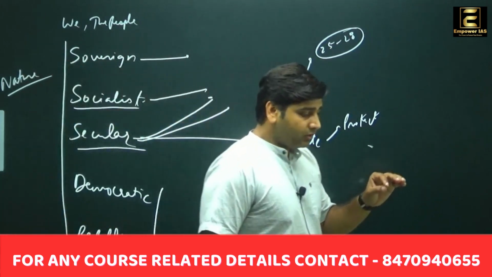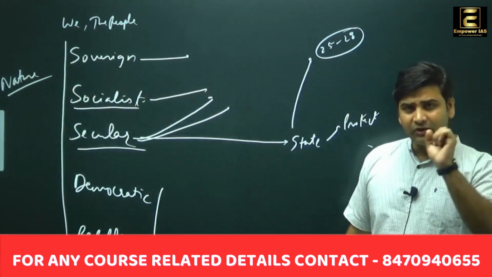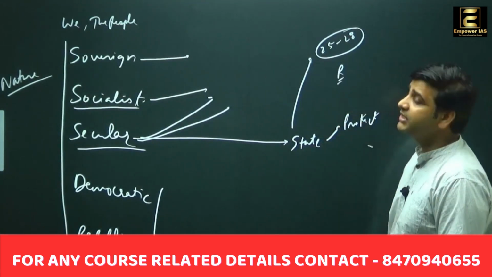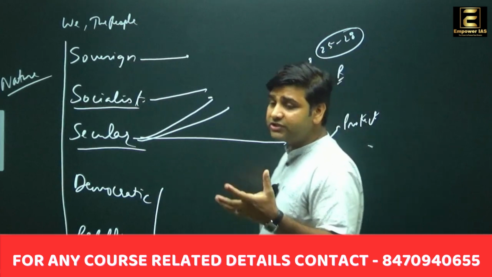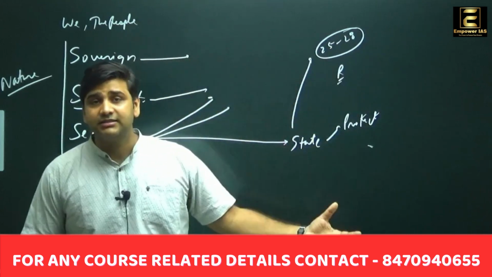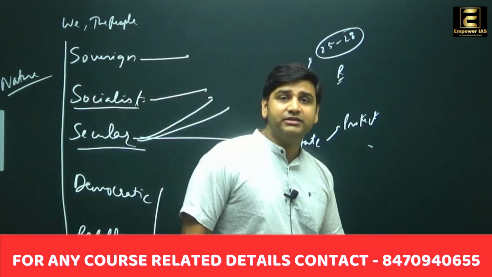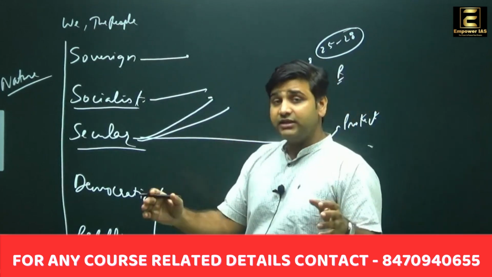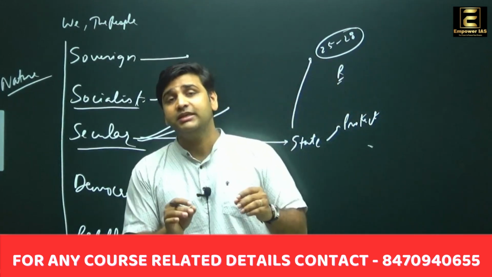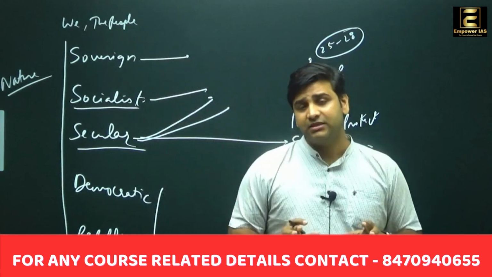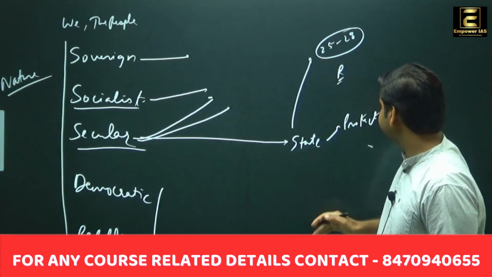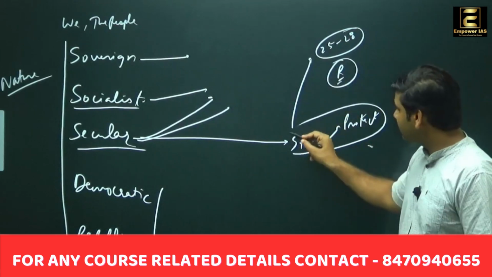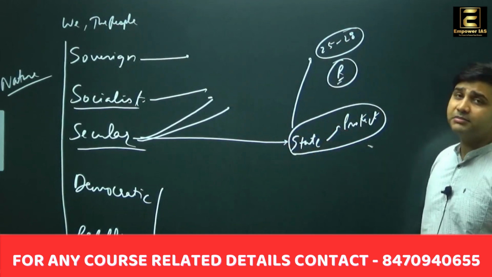Also, by Articles 14, 15 and 16, religion must not be the ground on which discrimination can be made by the state. In public employment or opening up of ghats and public places and other things, religion must not be the basis of discrimination in the country. This is how secularism is practiced in India.